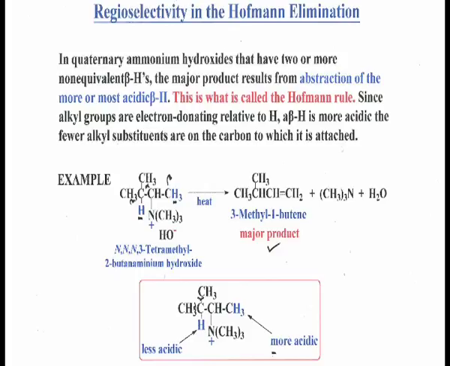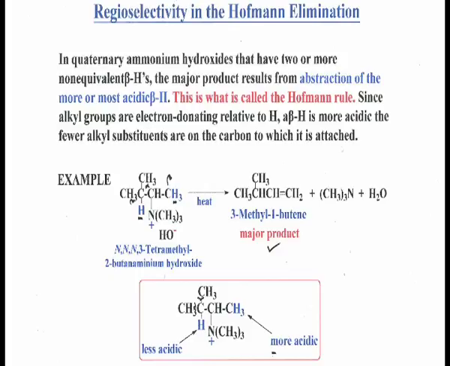How did I say that? The answer is very simple, because these two methyl groups are donating electrons to the carbon. So, the electron density of this carbon is increased, whereas here only 3 hydrogens are there, no methyl groups, only one push is from the other side. So, obviously, the electron density on this carbon will be more than this one, and when the electron density is more, then obviously, the hydrogen will be less acidic.